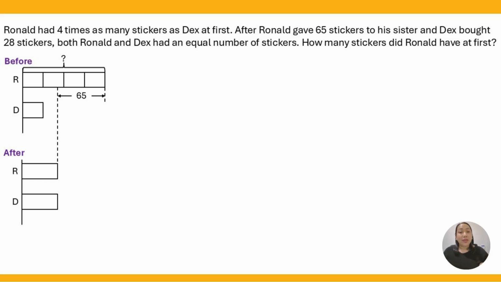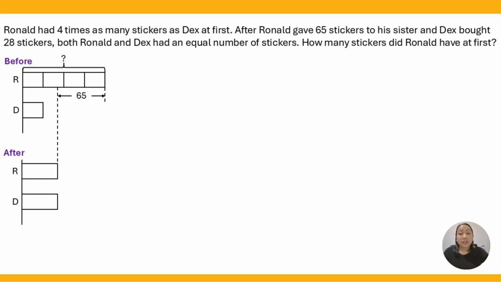The key in drawing and understanding your before and after model is to see the connection between your before and your after model. Therefore, you have to visualize the difference and similarities between the two. In this problem, Ronald gave 65 stickers to his sister.